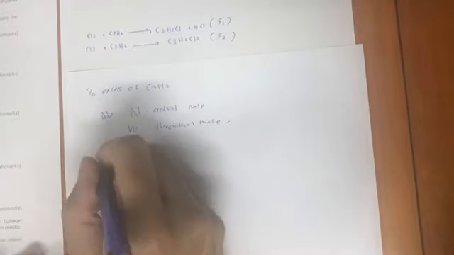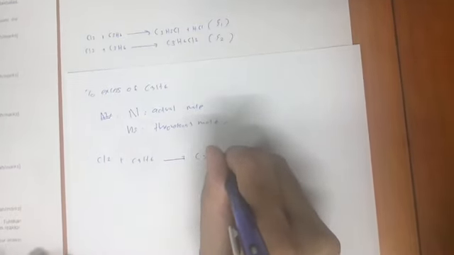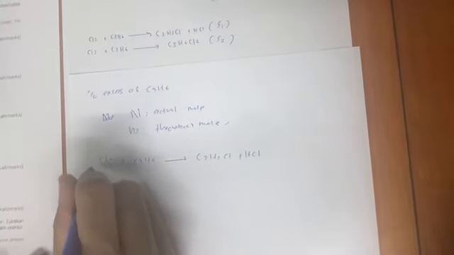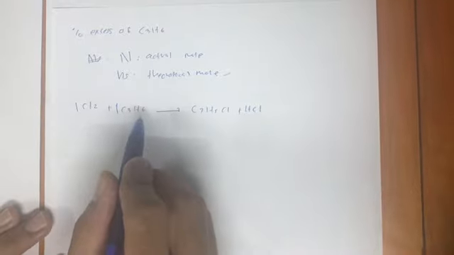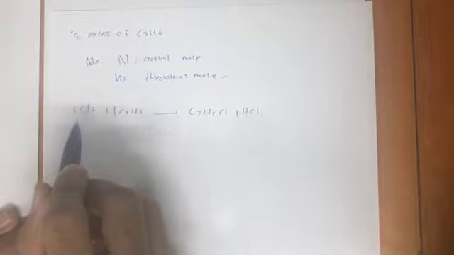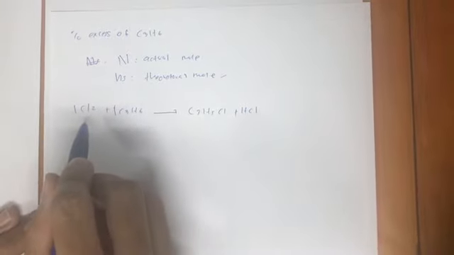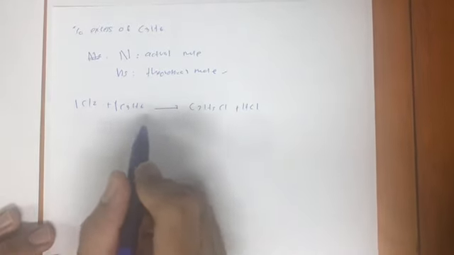Based on the chemical reaction, Cl2 plus C3H6 will give us C3H5Cl plus HCl. It means that 1 mole of Cl2 will react with 1 mole of C3H6. In this question, it is given that Cl2 is the limiting reactant, so we can calculate the mole of the other reactant.